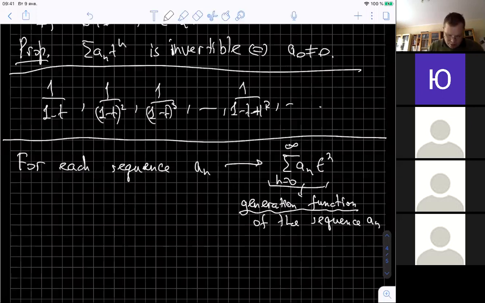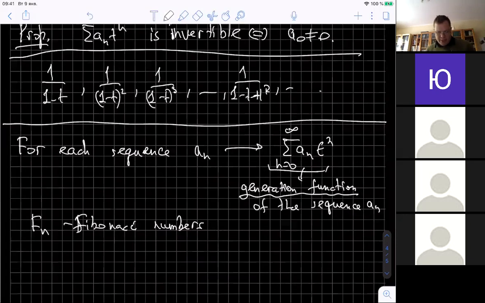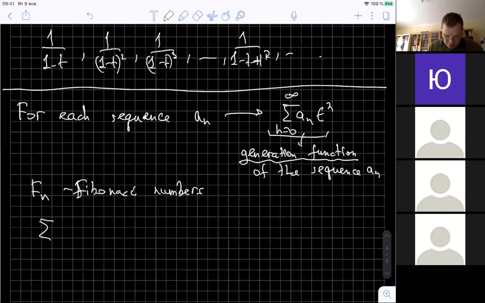So for example, suppose we have Fibonacci numbers, and we consider the corresponding formal power series, the generating function of the Fibonacci numbers.